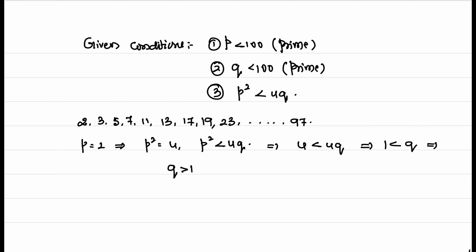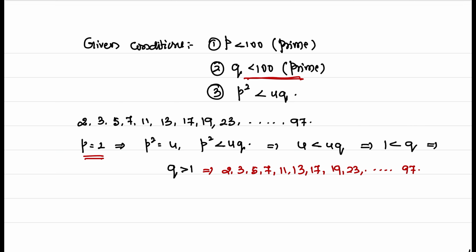Any value greater than 1 will be a pair for P is equal to 2, that implies 3, 5, 7, 11, 13, 17, 19, 23 up to less than 100, that is up to 97, because this condition also we have to fulfill.